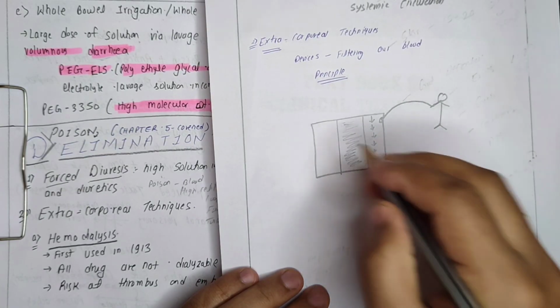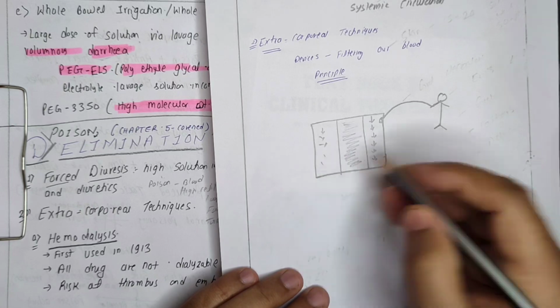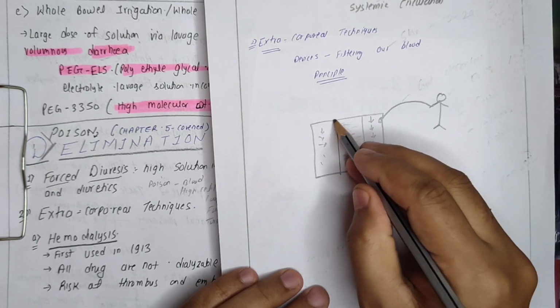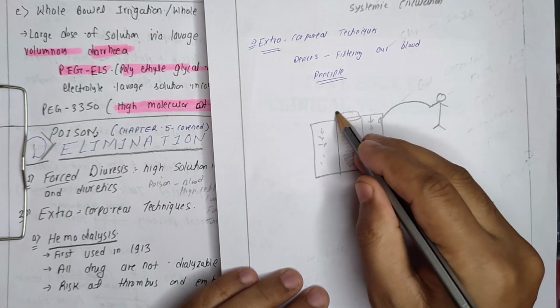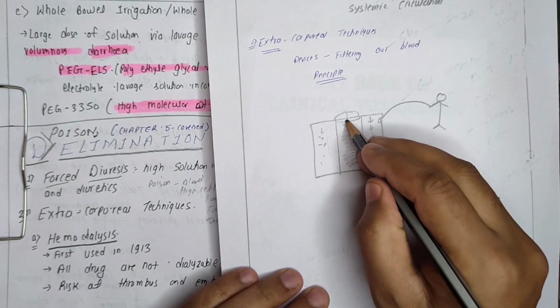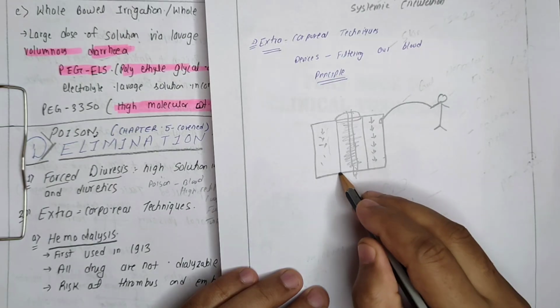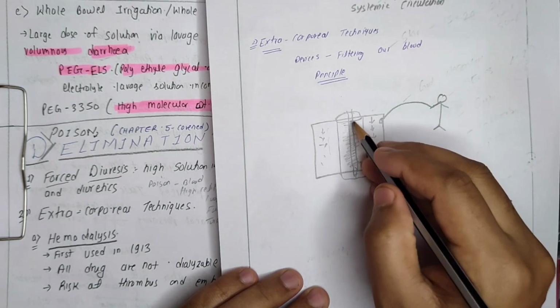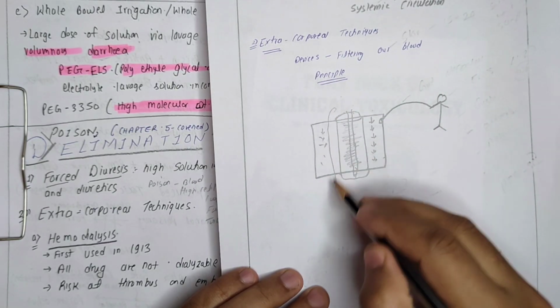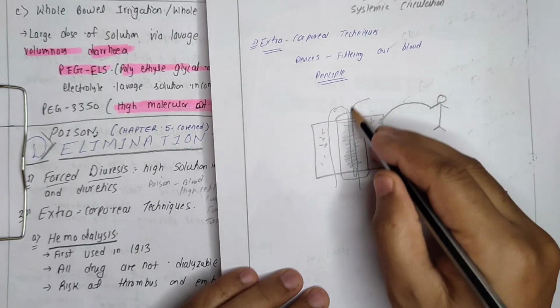In between there is one cartridge, a filter cartridge. The blood goes around the cartridge and in between the cartridge, from outside and also from inside.